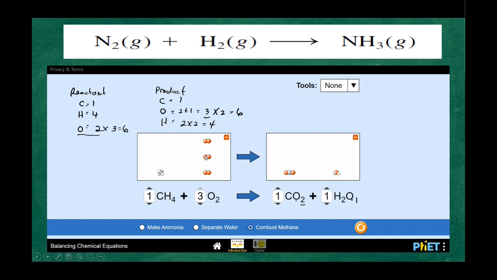So now we have 3 molecules of oxygen. Now let's go to our product. So how can we make it equal? To have 6 oxygen. So you add 2 coefficient here.